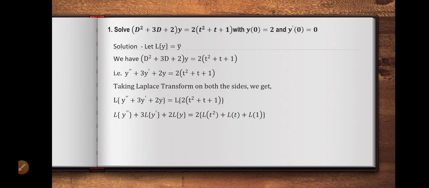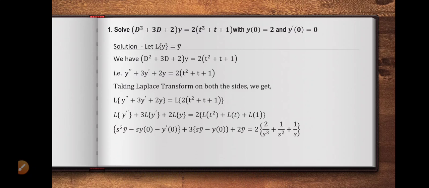Now using the results we get s square y bar minus s into y of 0 minus y dash of 0, this is the result for L of y double dash, plus 3 times s y bar minus y of 0, plus 2y bar. L of y means y bar, and RHS 2 into bracket Laplace transform of t square is 2 upon s cube, Laplace transform of t is 1 upon s square, and Laplace transform of 1 is 1 upon s.